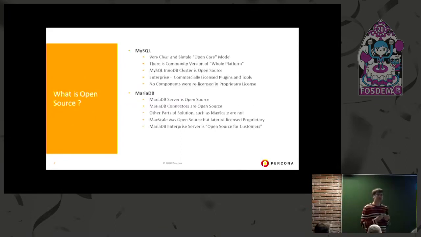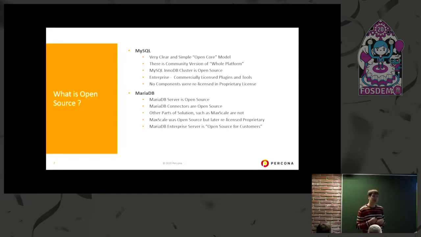Okay, now let's look at what is open source when it comes to MySQL. When you hear that MySQL is an open source database, of course this is not entirely the truth, right? MySQL is an open core database. There is a MySQL Community Server, which is open source, as well as a lot of other tools which are open source.